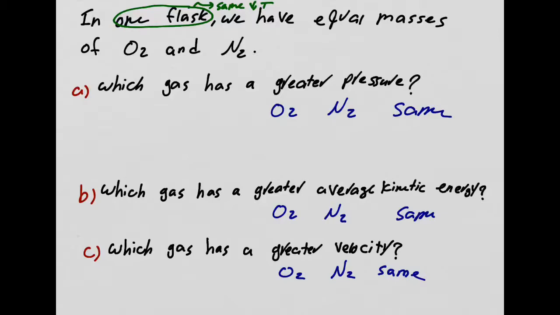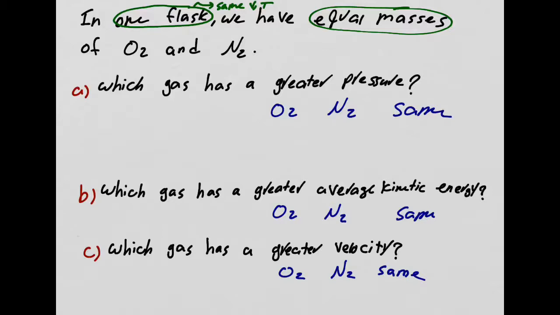Do you agree with me? Because if you're in the same flask, the volume is going to be the same and the temperature is going to be the same. You have one flask. We have equal masses of N2 and O2. Okay, I'm going to cross that and I want to circle that. So far, so good. Now, the first question says, which gas has a greater pressure?